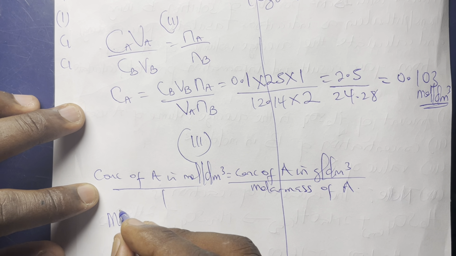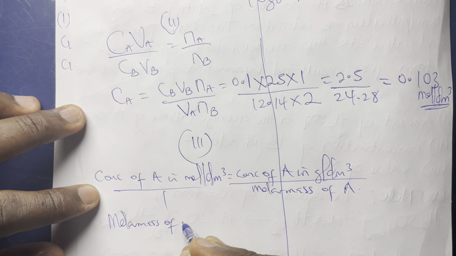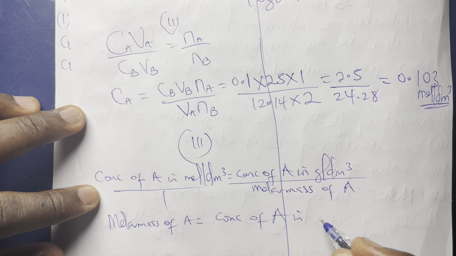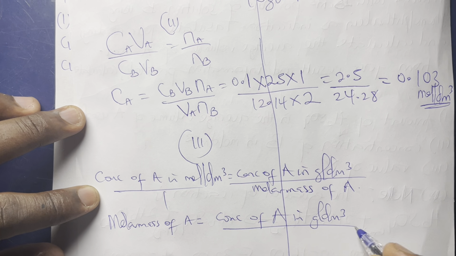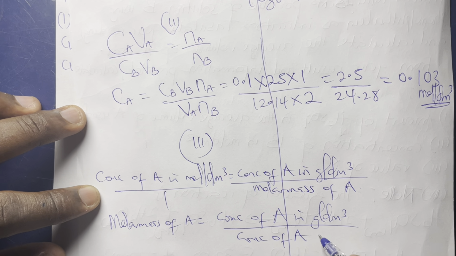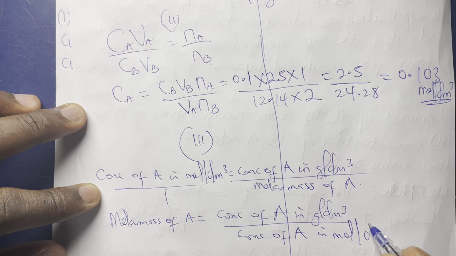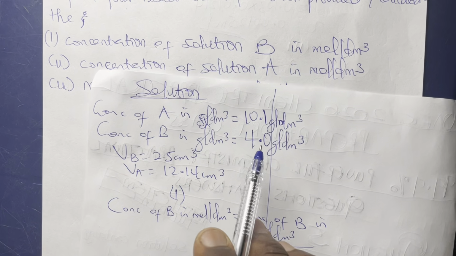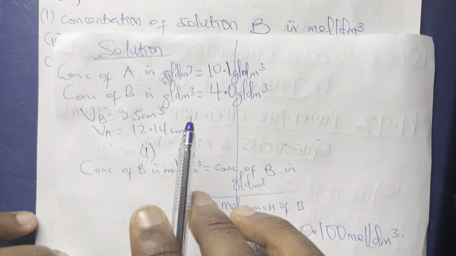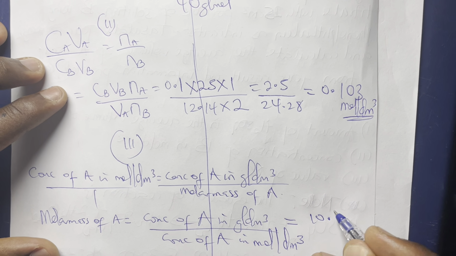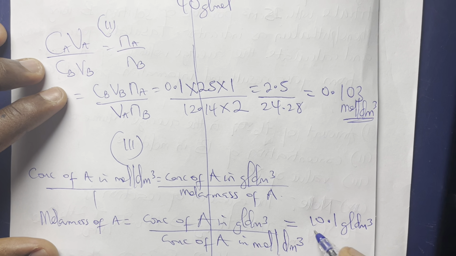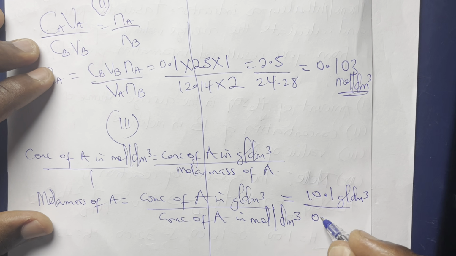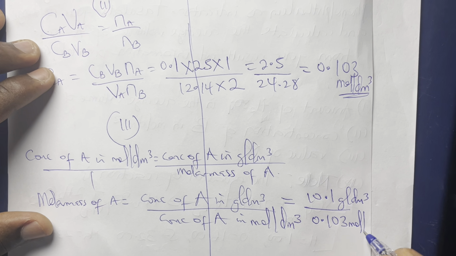The molar mass of A will equal the concentration of A in gram per dm cube all over the concentration of A in mole per dm cube. The gram per dm cube is 10.1, and the mole per dm cube is 0.103.